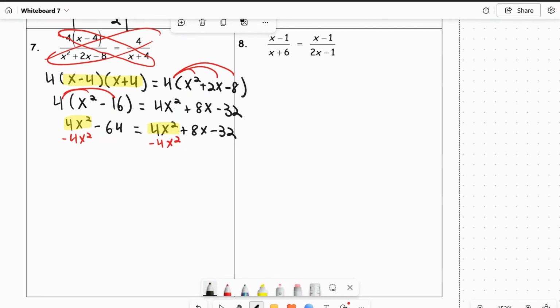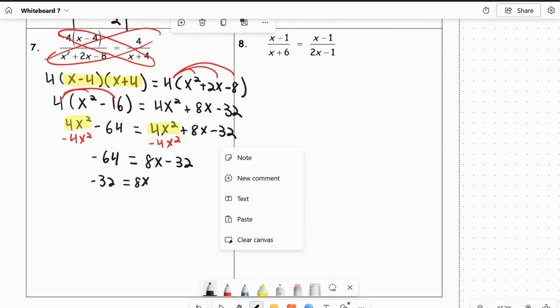By subtracting 4x squared, that would leave me with negative 64 equals 8x minus 32. Now add 32 to the other side. That gives me negative 32 equals 8x, and x is going to equal negative 4.